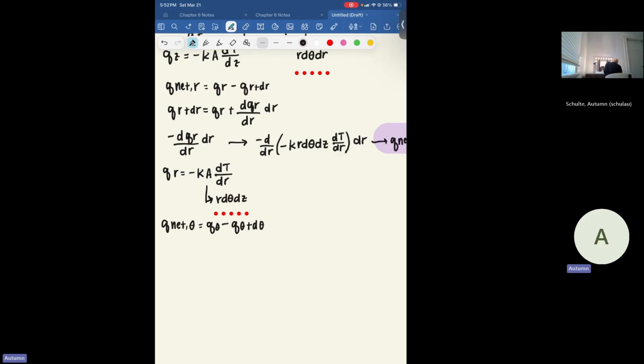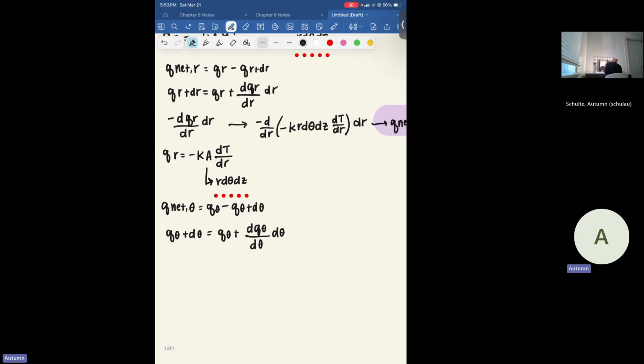Again, using Taylor series approximations, q theta plus d theta becomes the heat flow at theta plus the derivative of the heat flow at theta with respect to theta times d theta.